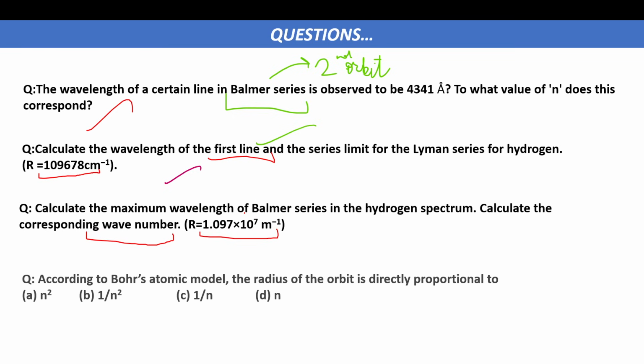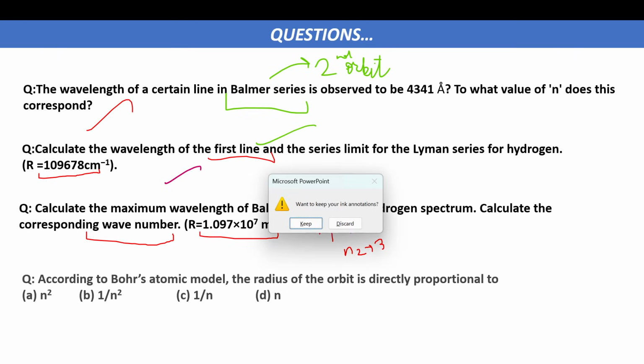And for the minimum energy, the transition of the electron should take place between the closest energy states. So for the Balmer, your n1 will be 2 and for the closest energy state n2 will be 3. So we will use this one.